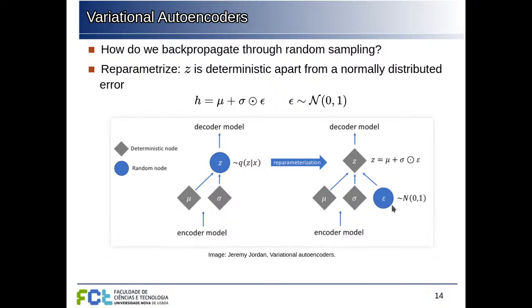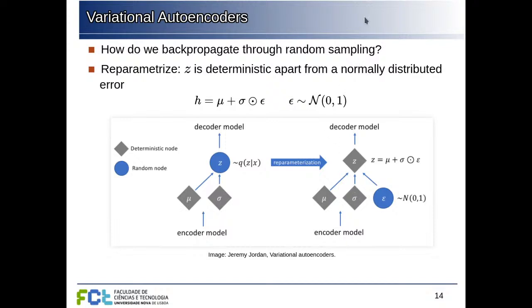So basically, we can imagine that this is just an addition of random noise into this specific parameter for the standard deviation there. And so we can train the autoencoder in this way. So this is basically the trick. We need to rewrite this sampling step in this way so that backpropagation can work.